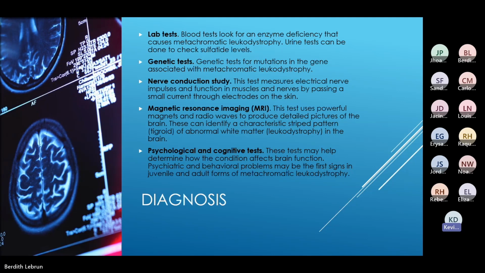An MRI uses magnets and radio waves to produce detailed pictures of the brain. Psychological and cognitive tests determine how the condition affects brain function. Psychiatric and behavioral problems may be the first signs in juvenile and adult forms of MLD.